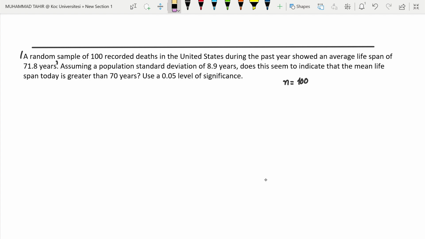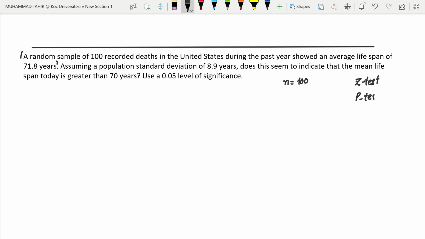If you read all of this question, you will know that the question doesn't ask us to calculate p-value. They only ask us to test the hypothesis. So if the question is like this, you have a choice either to perform z-test or p-test.